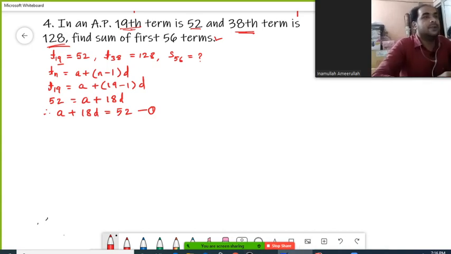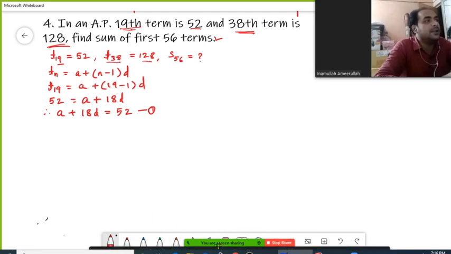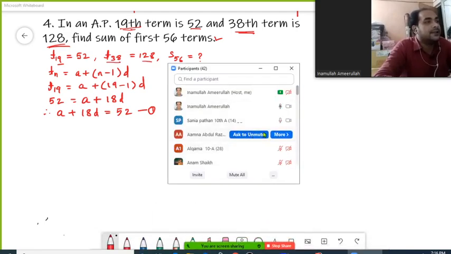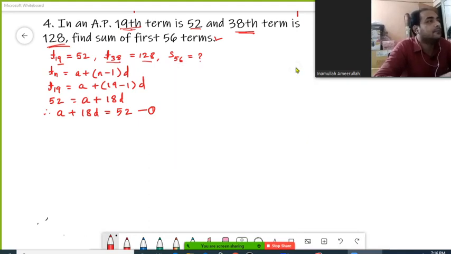Same way I can find another equation with the help of this information, that T38 is 128. So T38, that is again the Tn formula, T38 equals A plus n minus 1, that is 38 minus 1, into D. D we don't have, so we will take D itself.